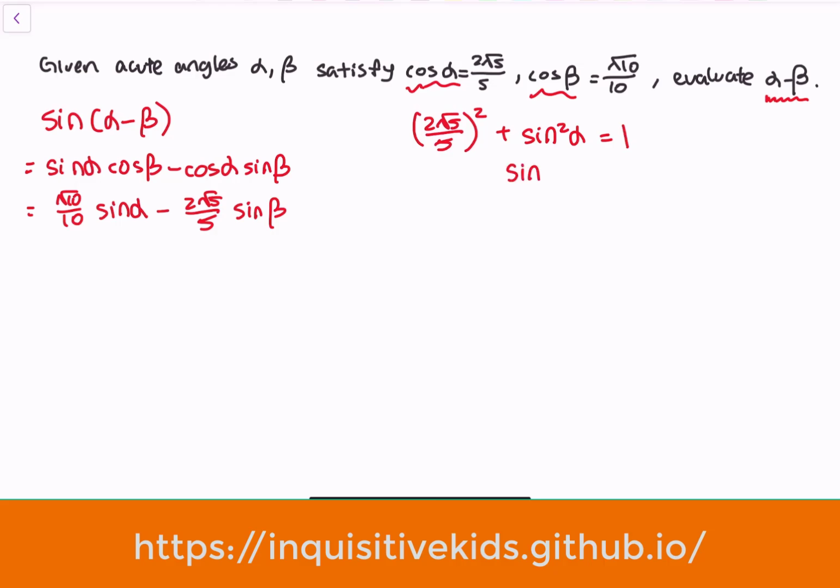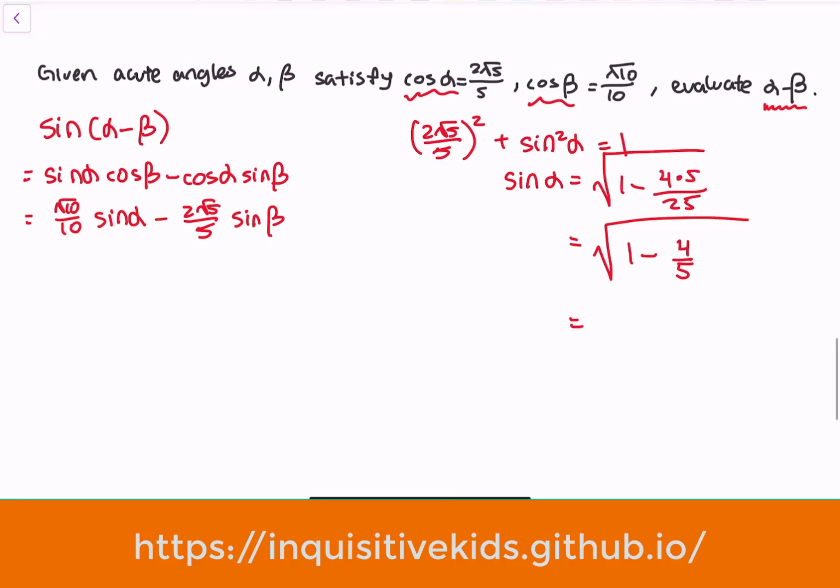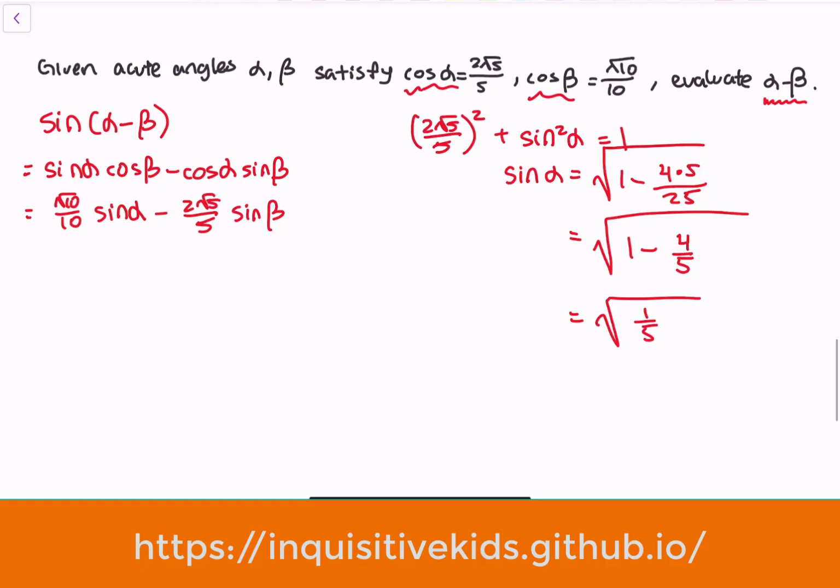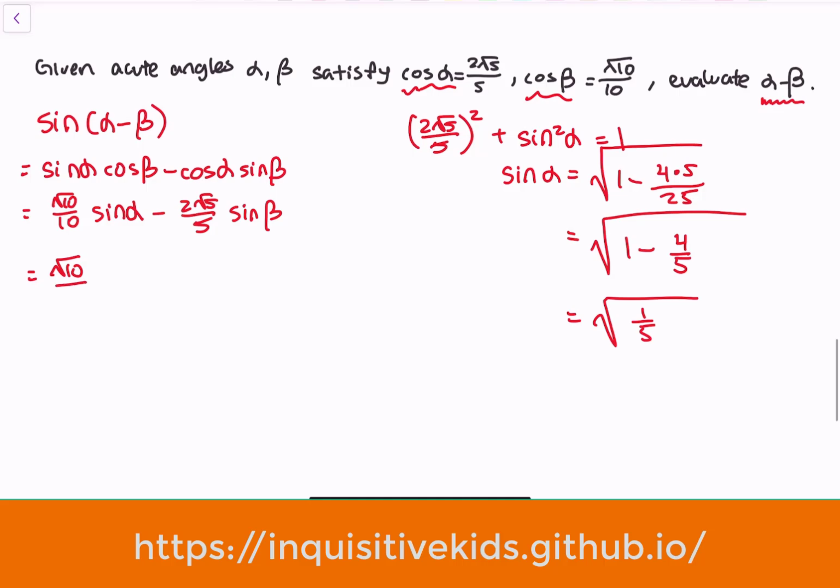So sine of alpha must be equal to the square root of 1 minus 4 times 5 over 25, which is equal to square root of 1 minus 4 over 5, which is equal to square root of 1/5. So that's what sine alpha is equal to: 1 over square root of 5.